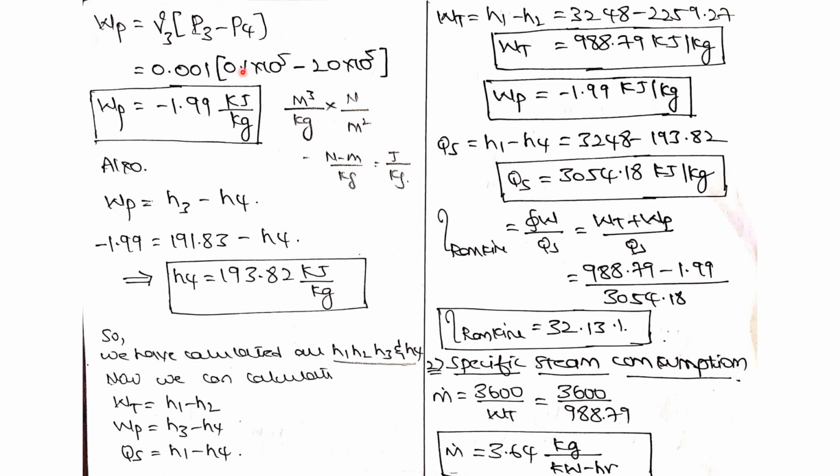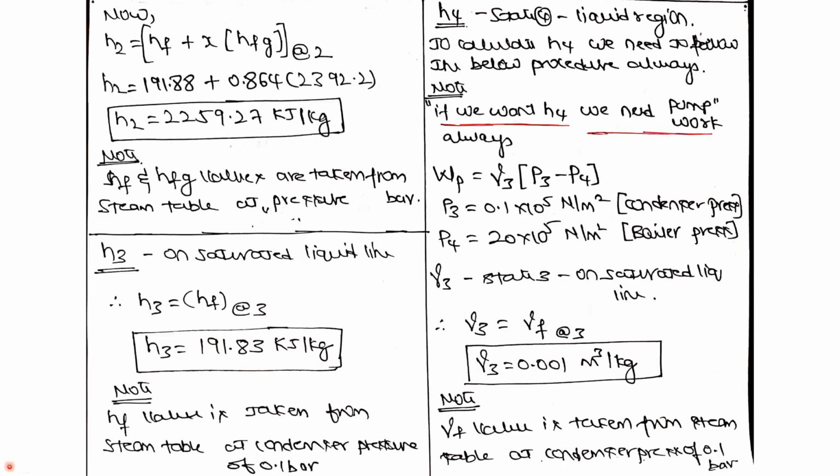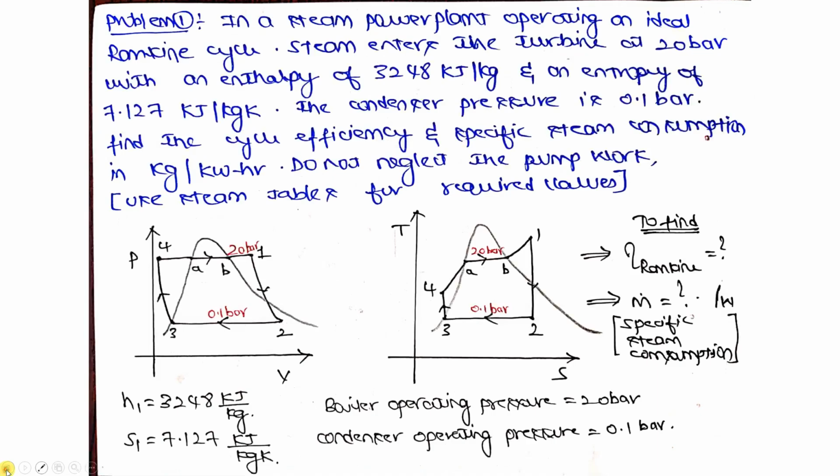Now you have calculated your pump work, but pump work is also equal to H3 minus H4. What is pump work? It is initial minus final, H3 minus H4. H3 you already know. WP you have just calculated by some other means. Now you can calculate your H4.